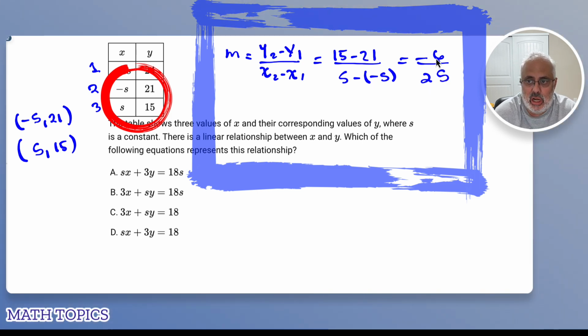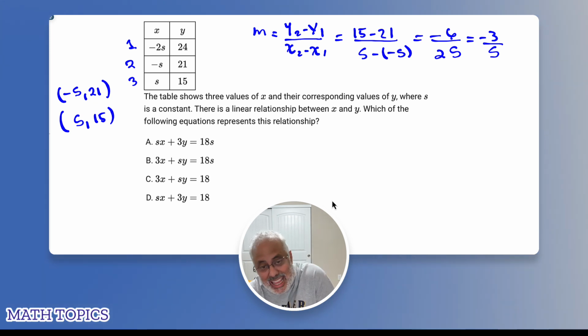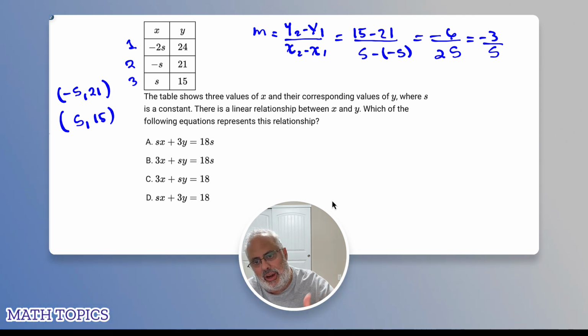And this is negative 6 divided by 2, which is negative 3 over s. This is the slope, and it looks kind of weird because we are using s. But s is a constant, so don't get frustrated with that. It's just a number. It's just a symbol. Negative 3 over s.